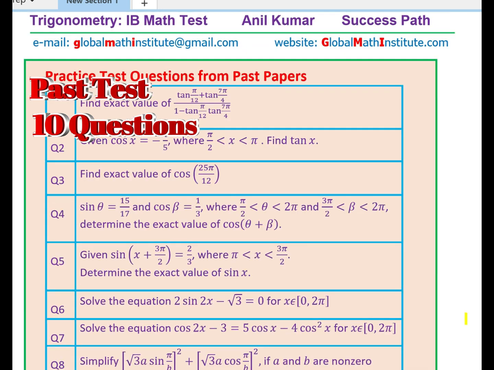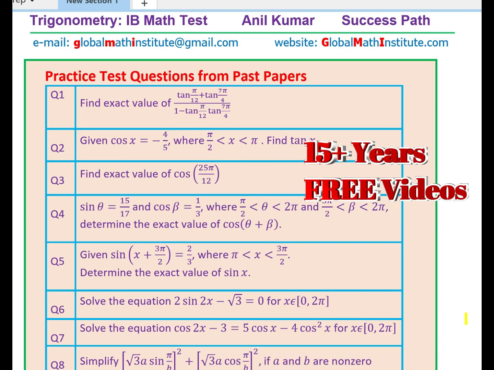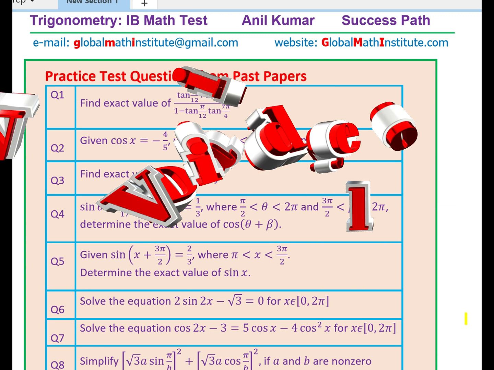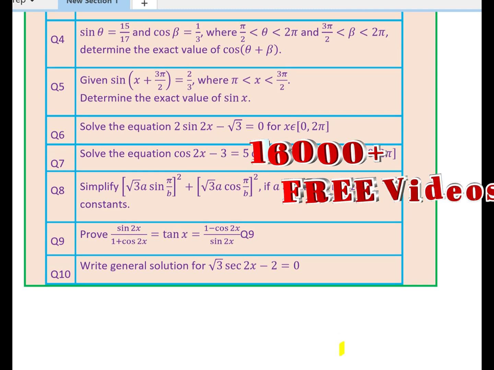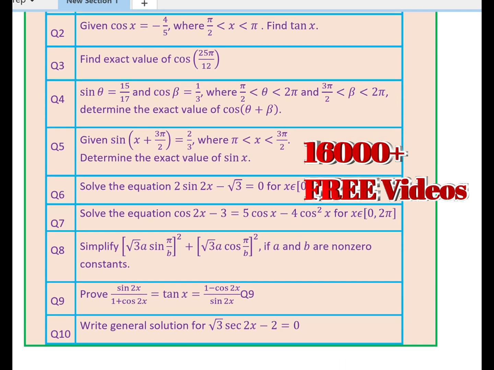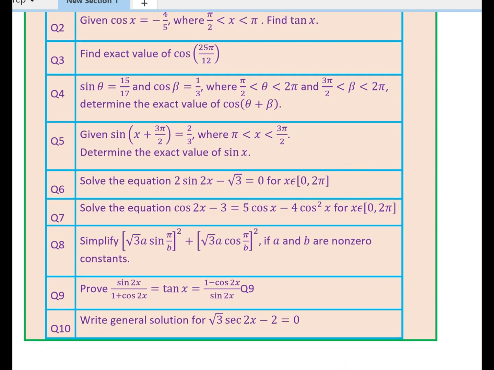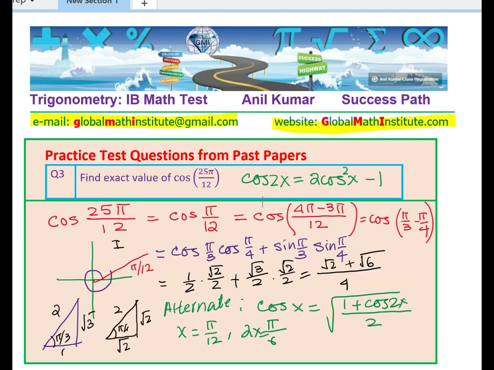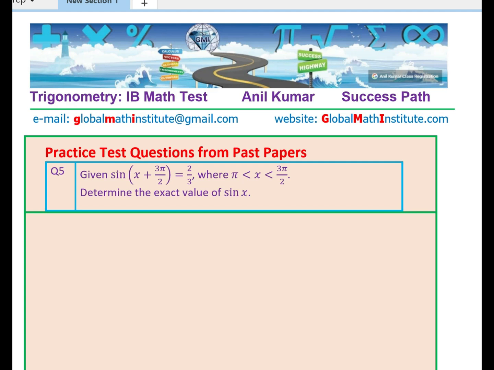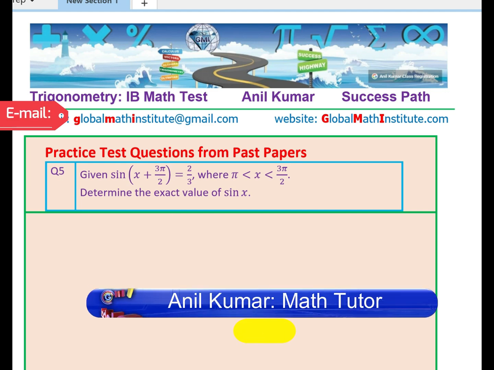The test paper questions I shared with you earlier. Here are the 10 test paper questions. You can see a couple of them now and the rest are here on your screen. We have already provided you the solution for the first 4, and now we'll begin from question number 5.